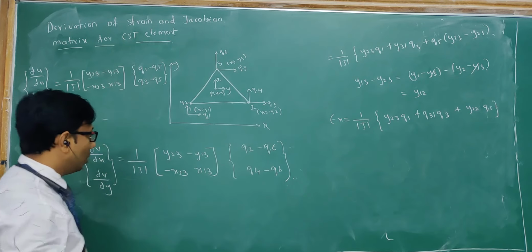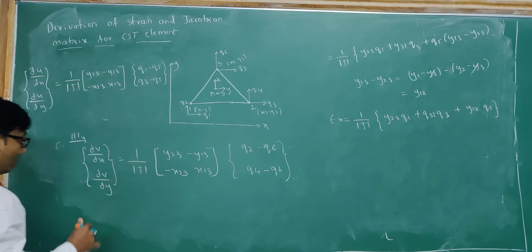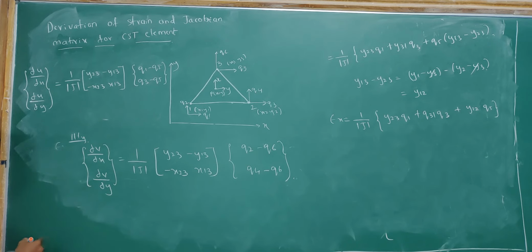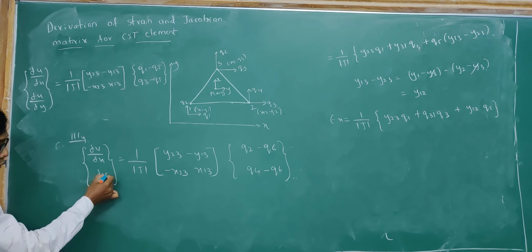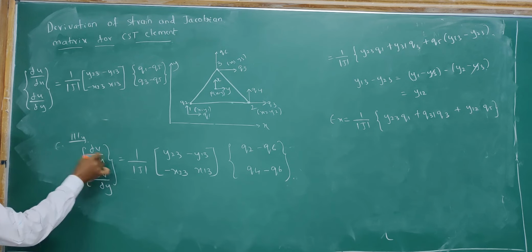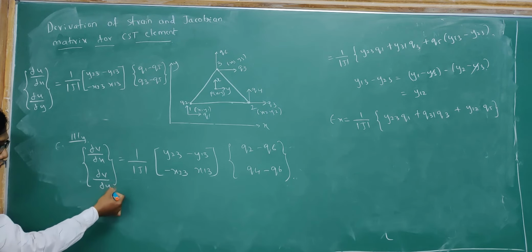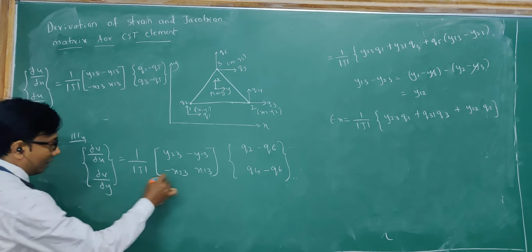Okay, so now what we require is epsilon y. Epsilon y is nothing but dou v by dou y. We are not bothering about dou v by dou x, it is dou v by dou y. So we will be taking the down terms.